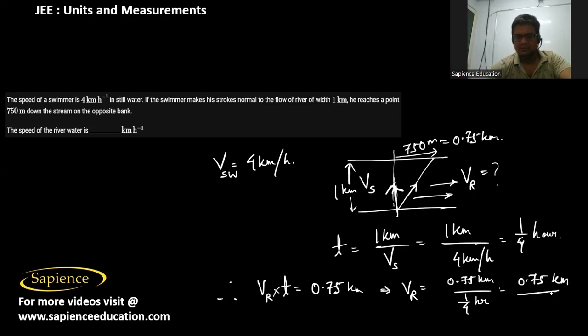So 0.75 kilometer by 0.25 hour. So point will cancel. 25 3 is 75. So that is 3 kilometer per hour. So 3 kilometer per hour is the speed of the river water. So 3 kilometer per hour is the answer.